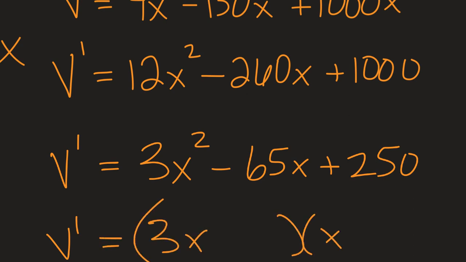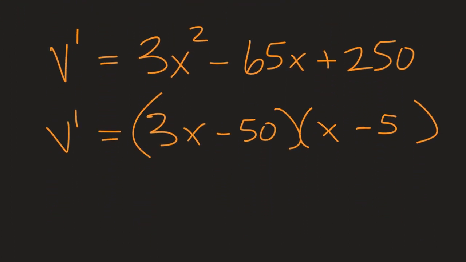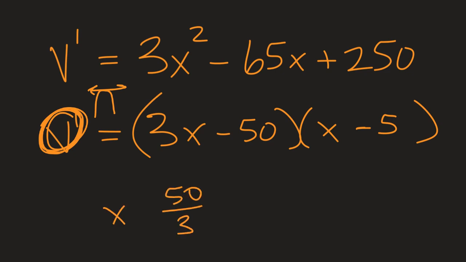3x and x. So this comes out to be the factorization of your quadratic. We want to know when it equals 0, right? Because that's going to be our maximum. We want to know when the slope is 0. So it turns out that it happens at 50 over 3 or at x equals 5.